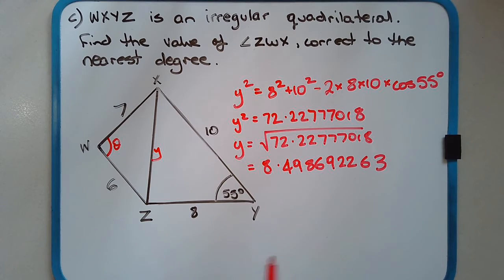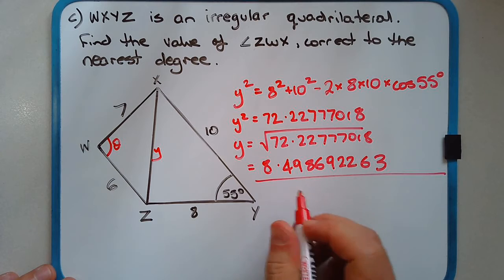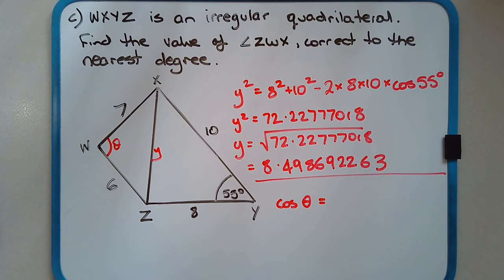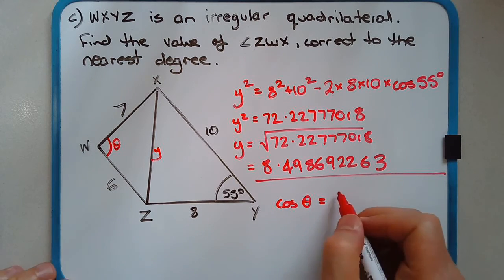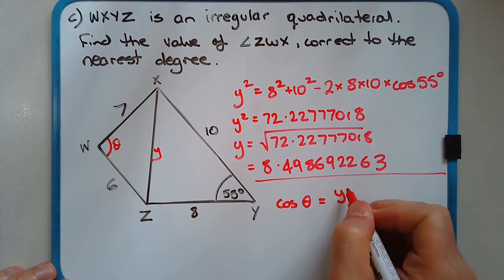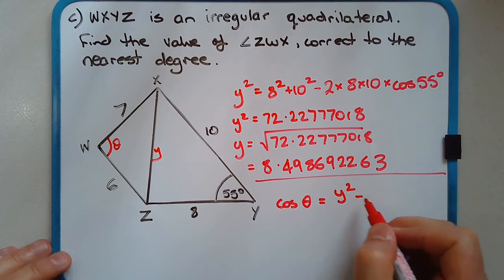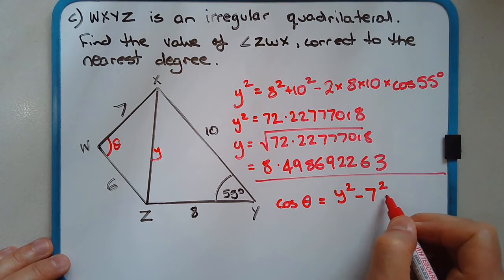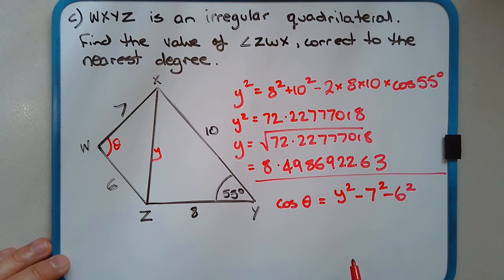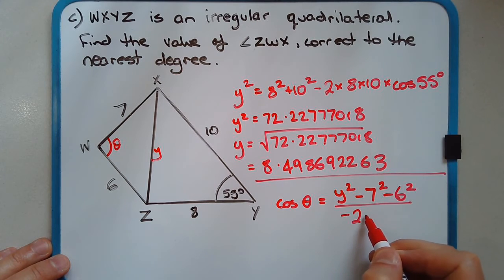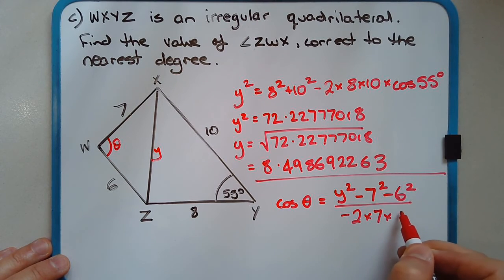Now we can use the cosine rule for angles to find angle theta. So cos of theta is equal to y squared, we have a value for that already, minus 7 squared minus 6 squared over negative 2bc, so 2 times 7 times 6.